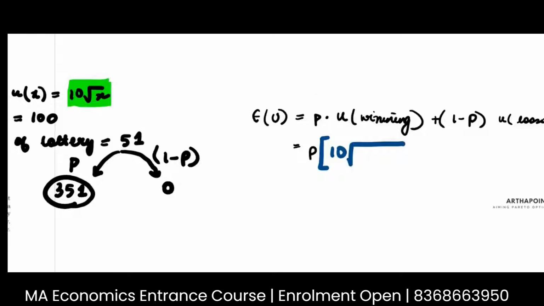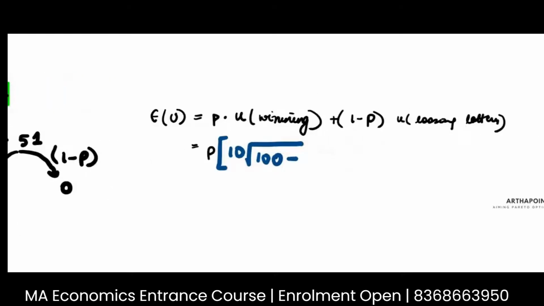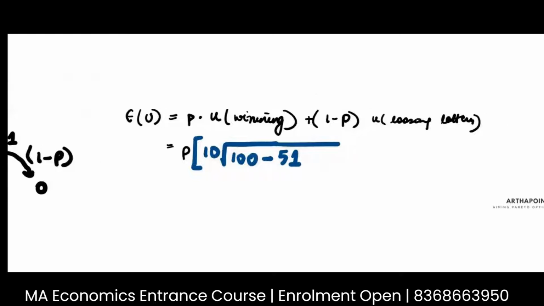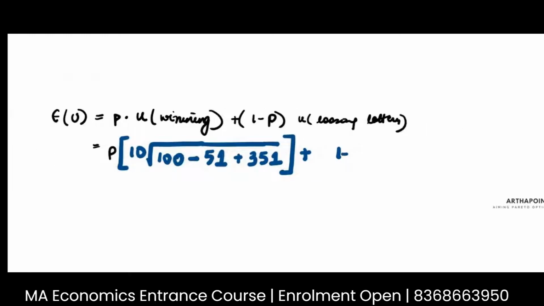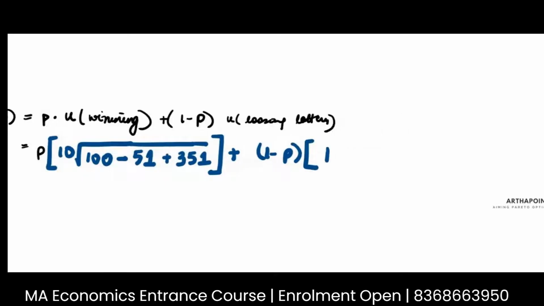When I'm winning, I had 100 rupees, I spent 51 rupees to buy the lottery, and because I won the lottery, I won 351 rupees. Plus 1 minus P times 10 root x, where instead of x I write the payoff when I lose the lottery.